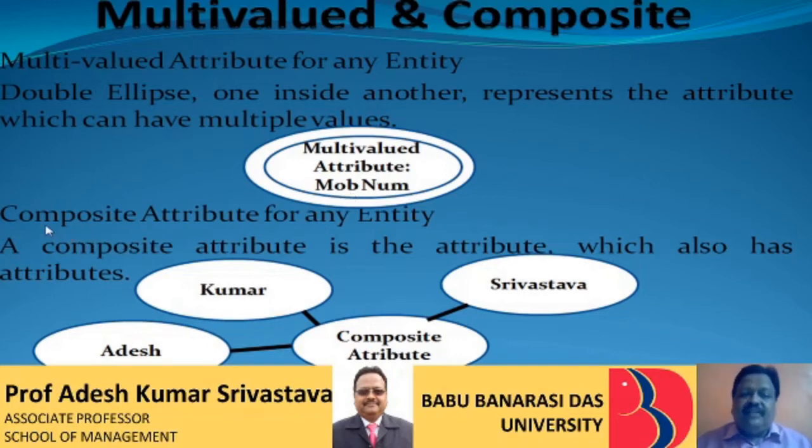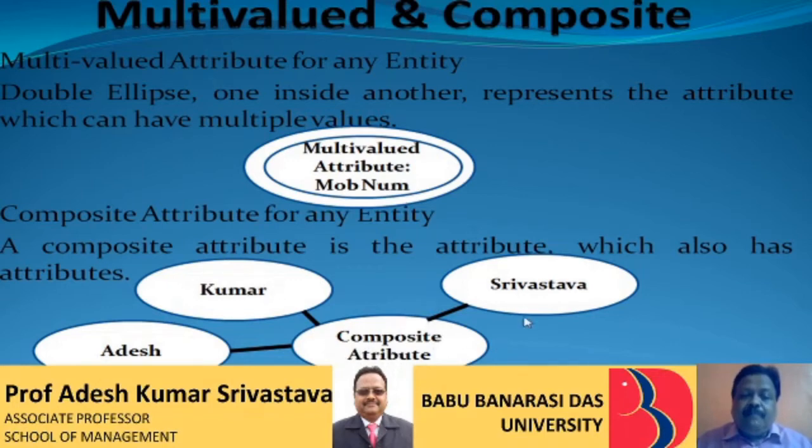Now we come to another attribute, that is the composite attribute. A composite attribute is an attribute which also has attributes. It is composed of a few other attributes. For example, take my name, Adesh Kumar Srivastav. It is a composite attribute. Why?